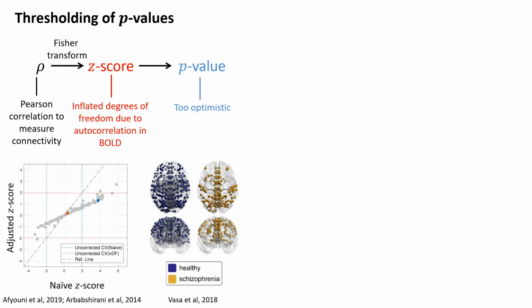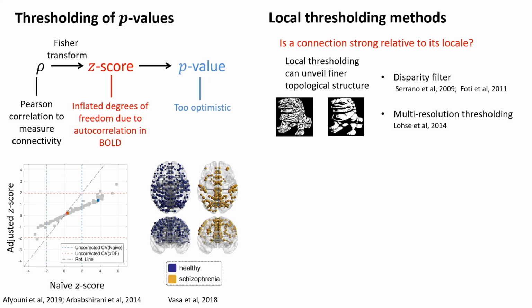One thing to be cautious of here, though, is that these p-values are often too optimistic because of something called autocorrelation in the BOLD signal. And so there are various approaches to overcome that issue of autocorrelation and derive p-values that are more realistic. So check out the work there, the references are at the bottom for further details.